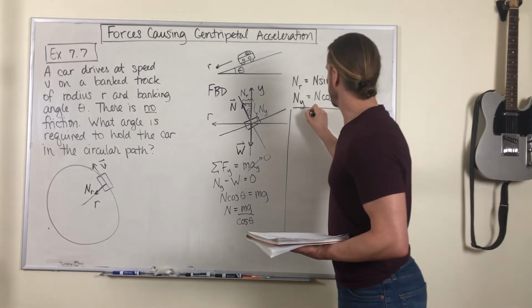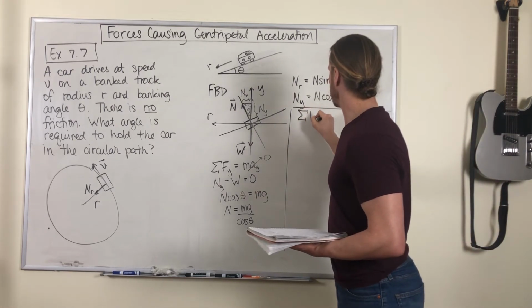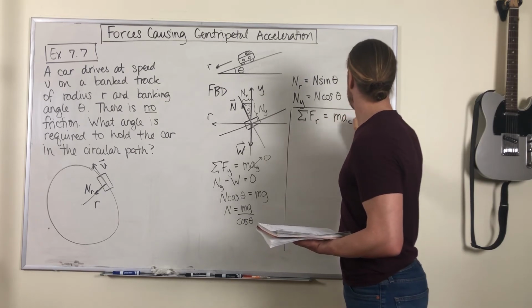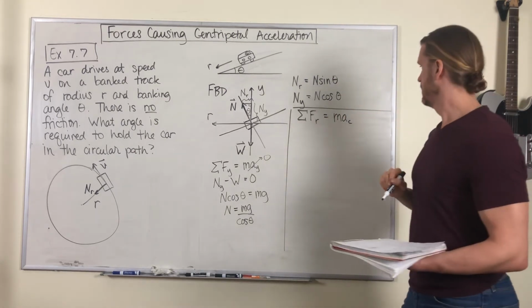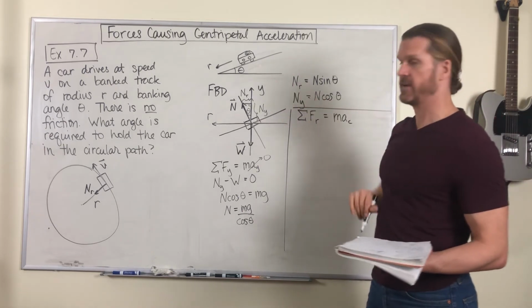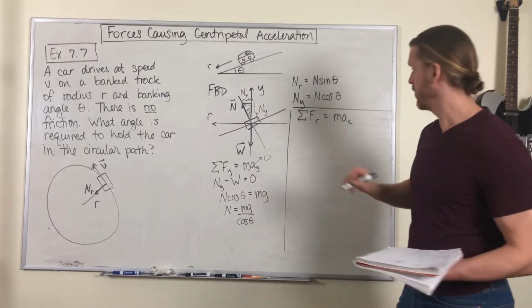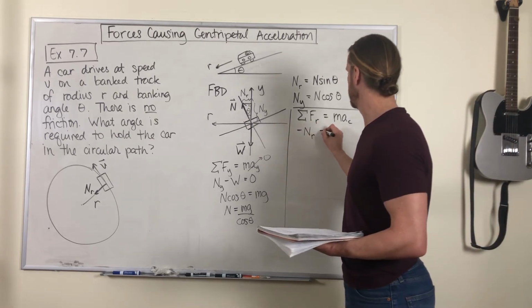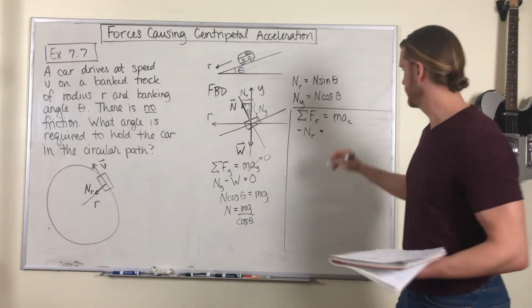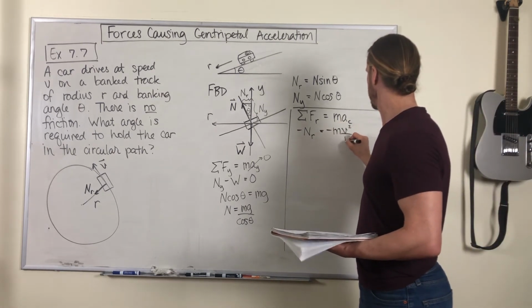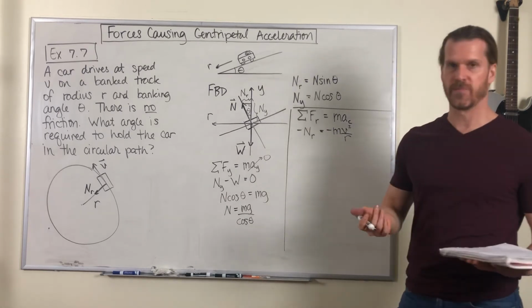Now we do Newton's second law in the radial direction. Our radial force is provided by that radial component of the normal force, and again we give it a minus sign according to our sign conventions, and this is v squared over r for centripetal acceleration with the minus sign.